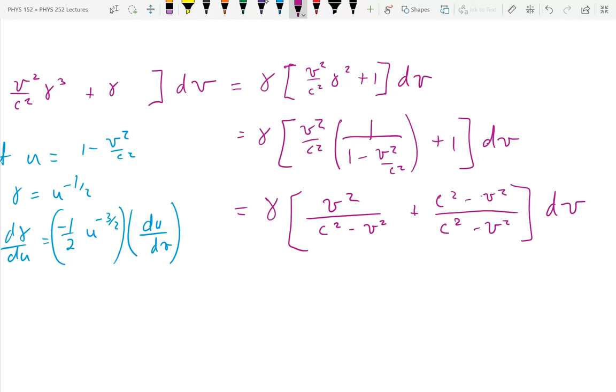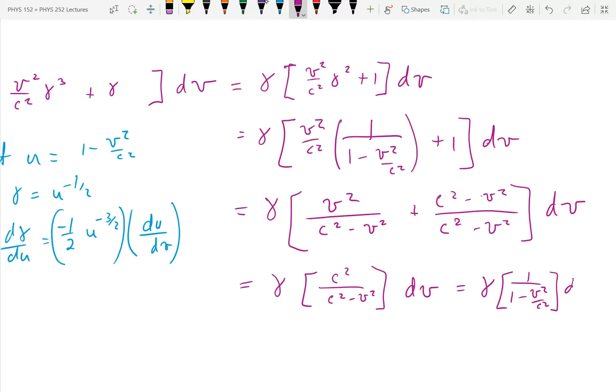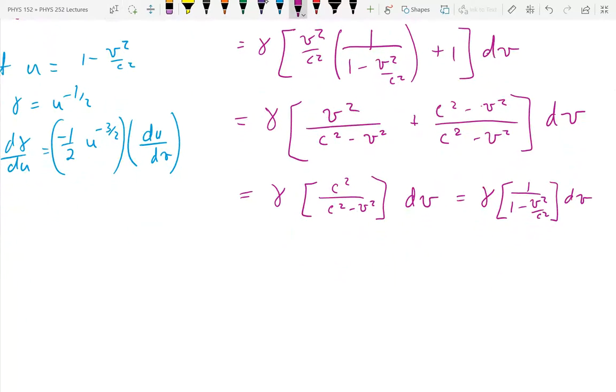But then if you look at that, v squared plus c squared minus v squared, the v squared subtracted out. But that thing in the brackets is gamma squared. So this is just equal to gamma cubed dv.